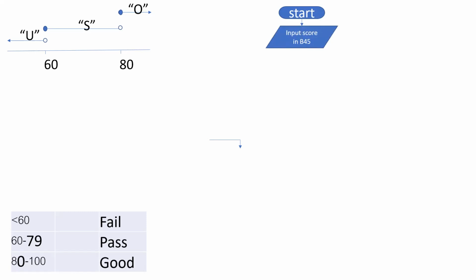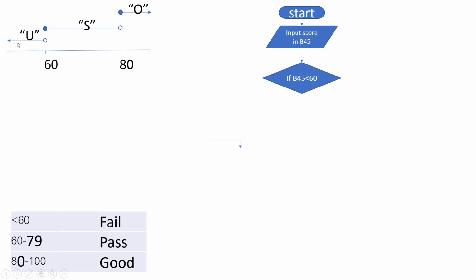After that, input score in B45. Assume that we enter the score in the cell B45. After that we have the flow and then we make a decision if B45 is less than 60.